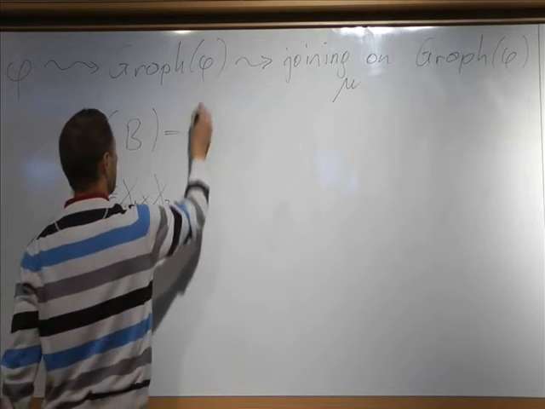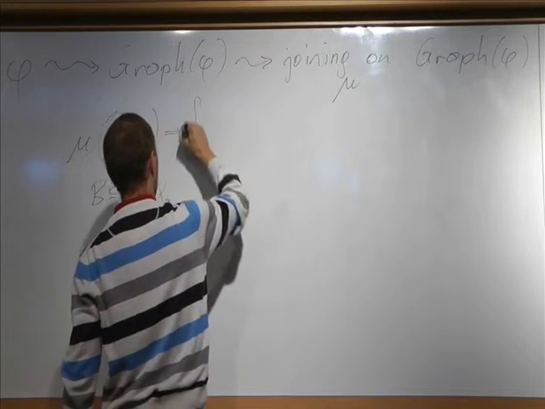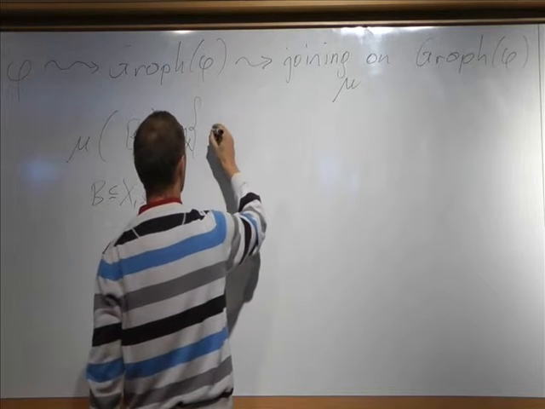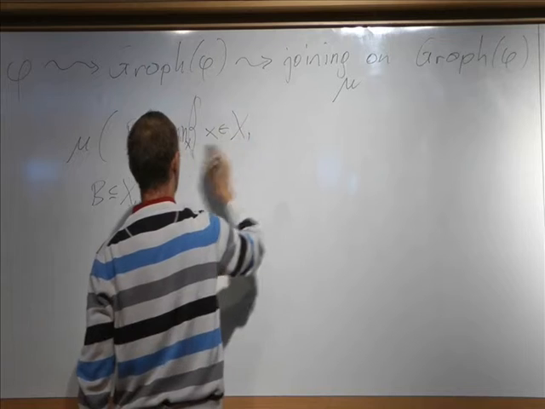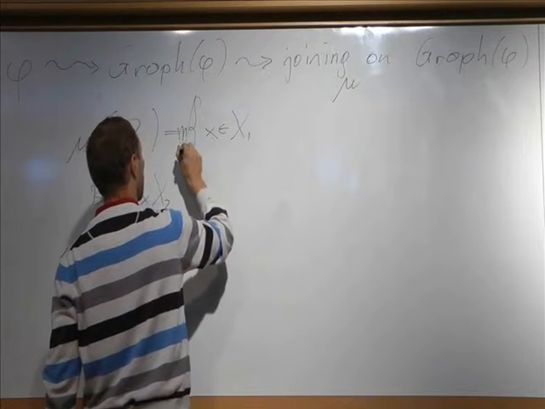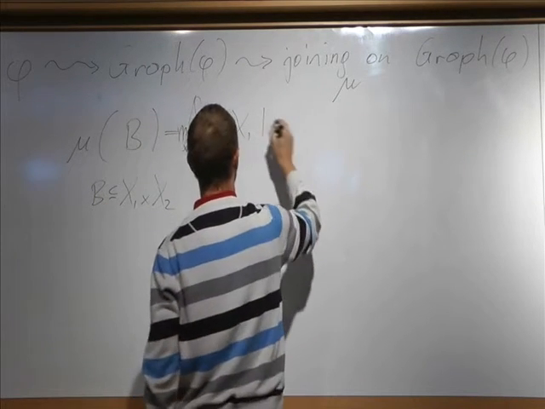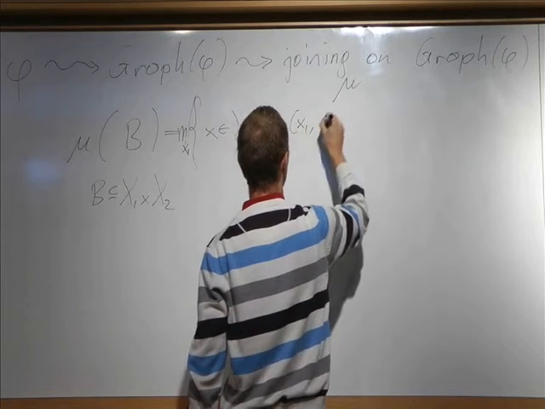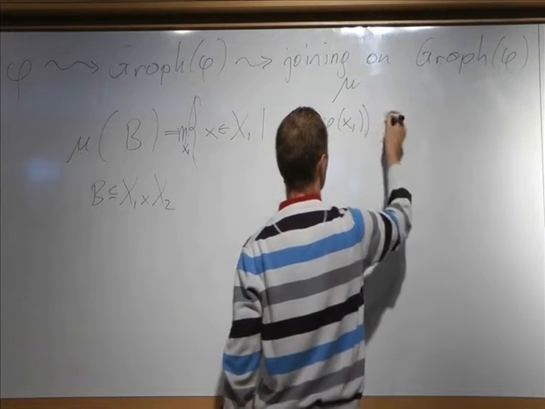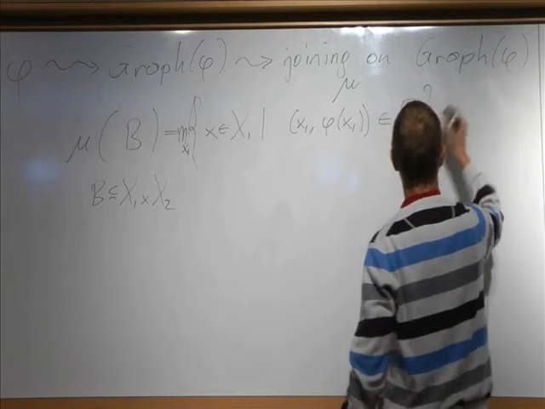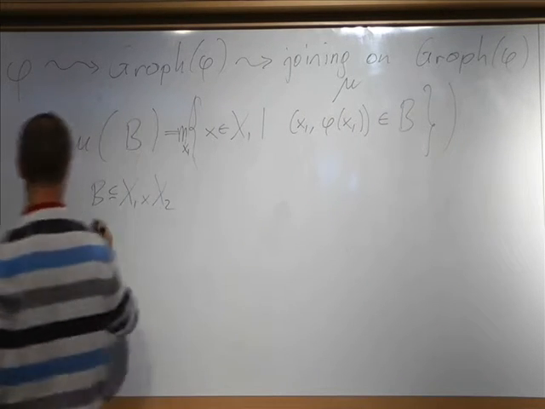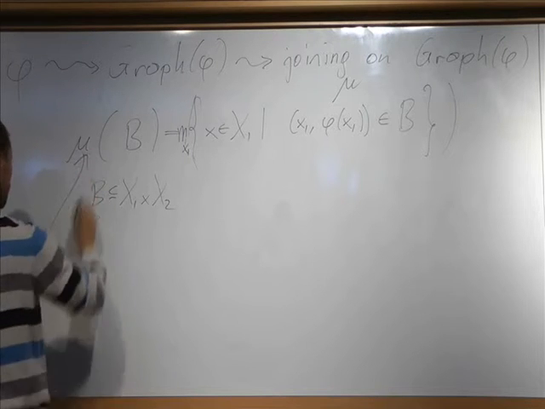The measure of B is the H measure of the set of all x in x1 for which x1 cross phi of x1, which is in x2, belongs to B. That's the definition of an invariant and ergodic probability measure.